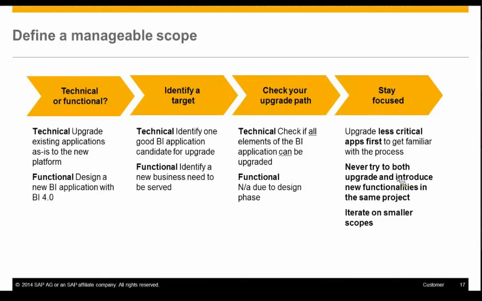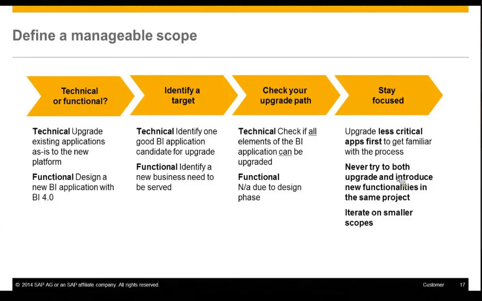And then the third one in planning, a very important one, is to check your upgrade path. Check that all the elements of your BI application can be upgraded. If they cannot be upgraded, why? You have to clearly document and explain the gaps to your stakeholders so that you can set real expectations among them.